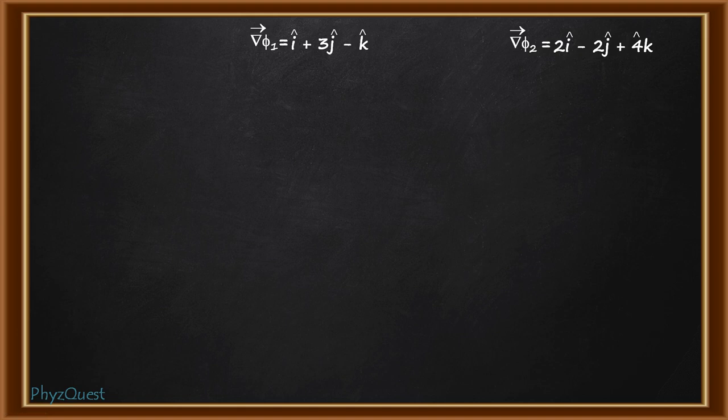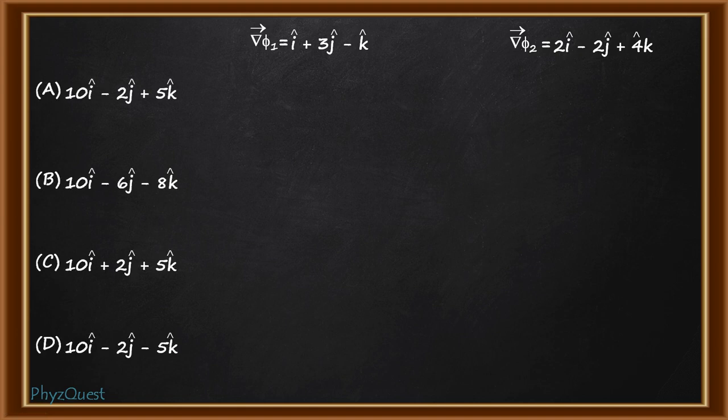So now the four options are given here. To find whichever vector lies on the line of intersection, we have to check the four options. The answer is the option whose vector is normal to both these normals.